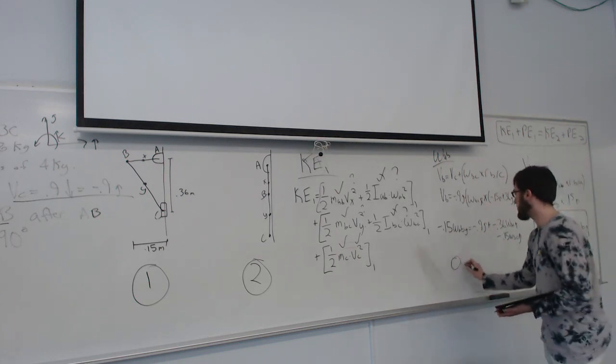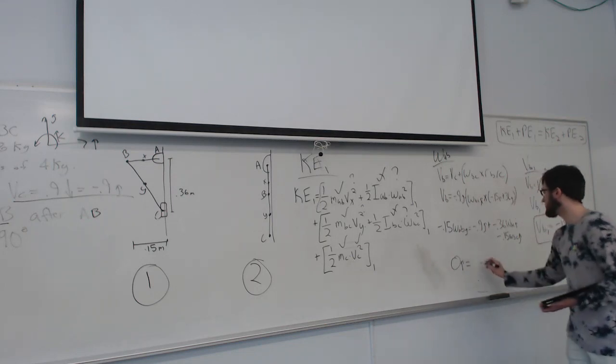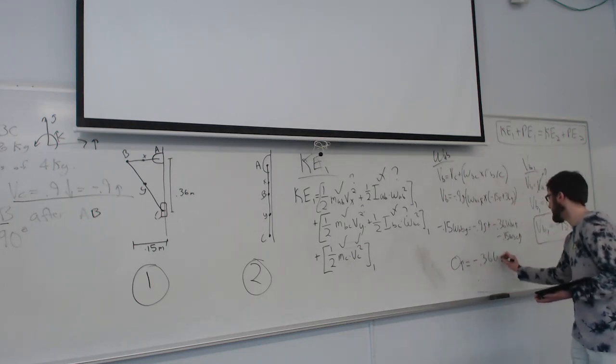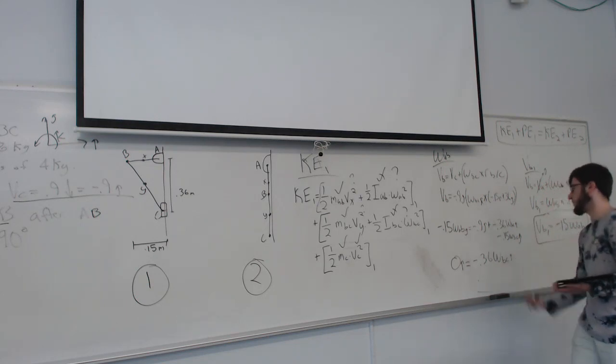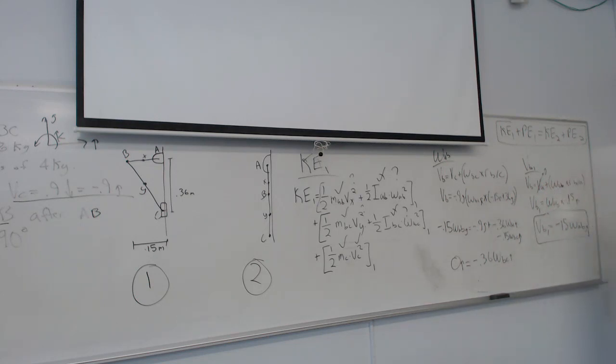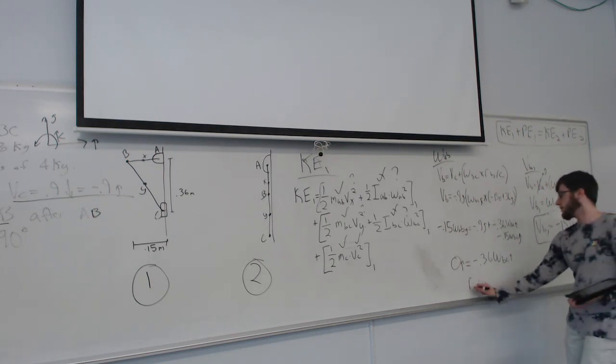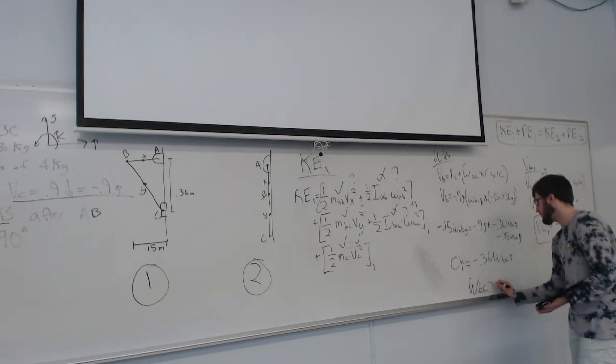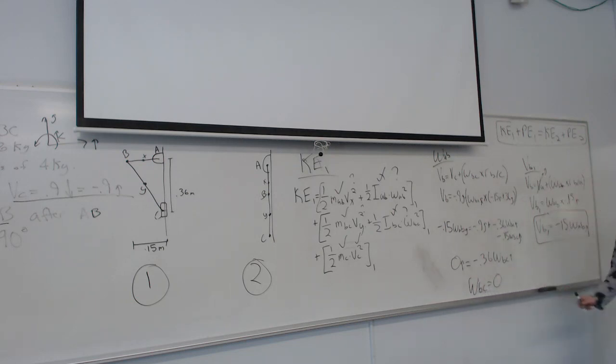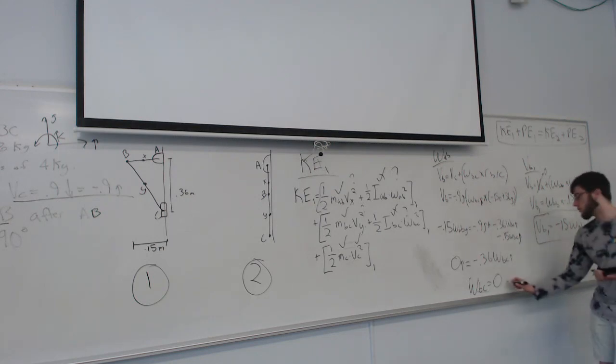So 0 in the I equals negative 0.36 times the angular velocity of BC, also in the I direction. From this, you get rod BC has no angular velocity. Does that make sense, everyone? Only in the I, right? Or in general?